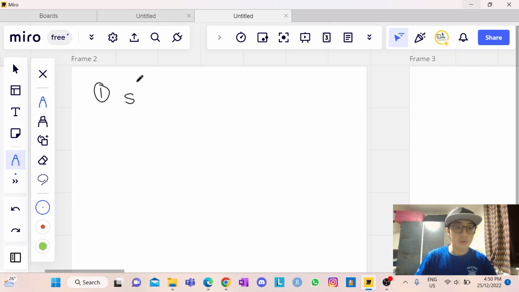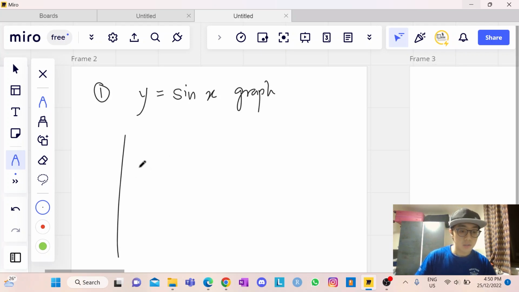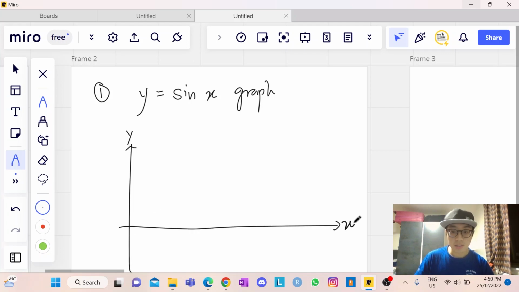This is the y-axis and this is the x-axis. For the y equals sine x graph, x goes from 0 to 360 degrees. This is the typical one.